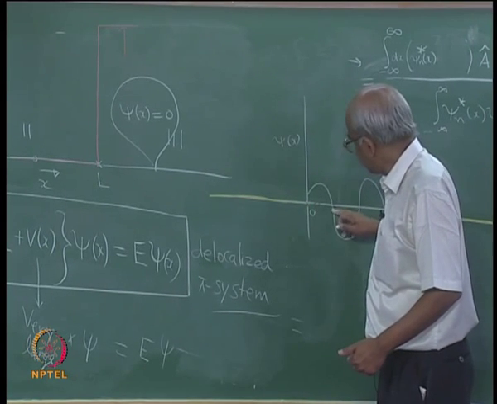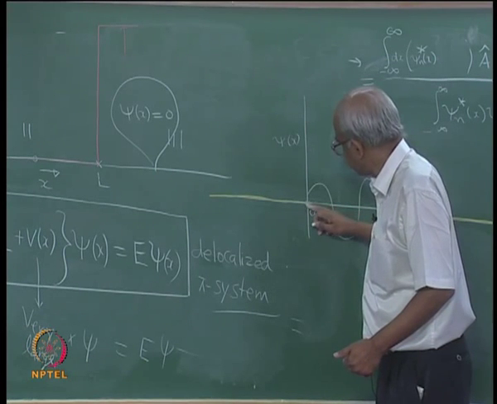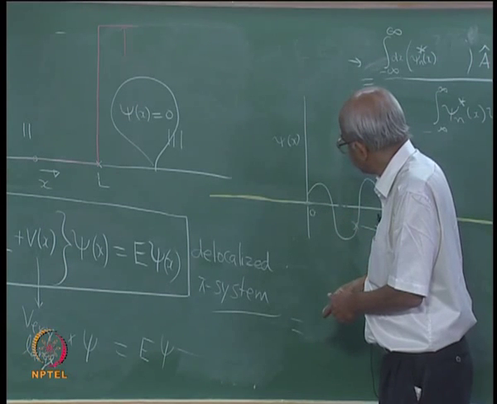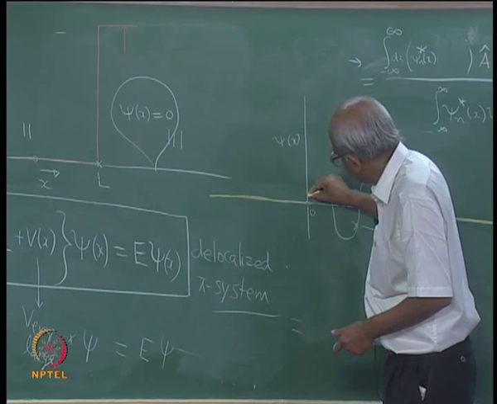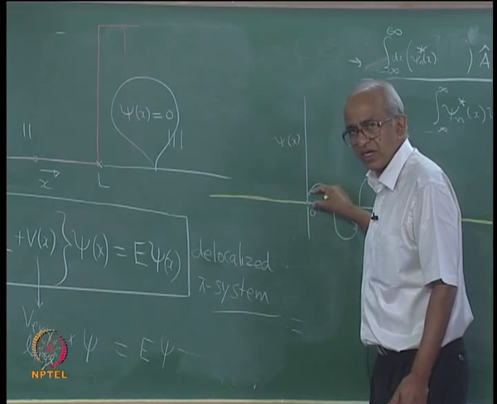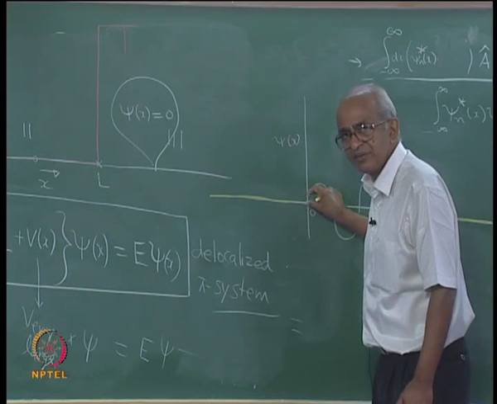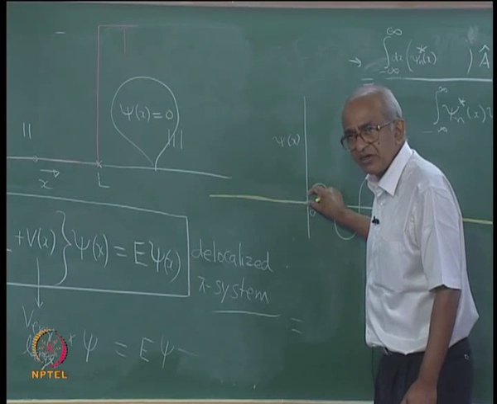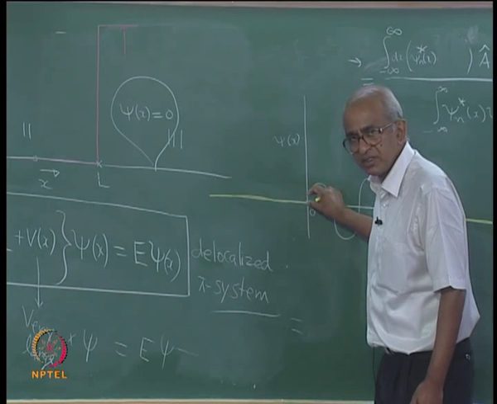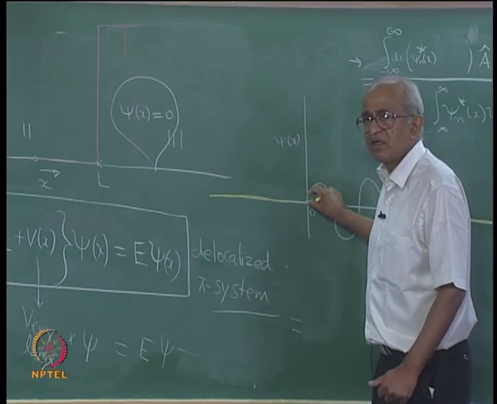While on the other side, suppose you are approaching x equal to 0 from the right hand side, what happens? The value of the function actually approaches that value in the way I have made this plot, and therefore the wave function actually changes in a discontinuous fashion at x equal to 0, and that is something that we do not want. This is something that I have described earlier.